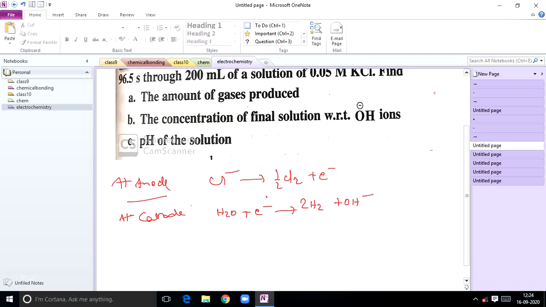What are the main products which are formed on electrolysis of aqueous NaCl? What are the reactions that take place at cathode and anode during the process? Once you refer to that cathode and anode reaction, then you can do it.